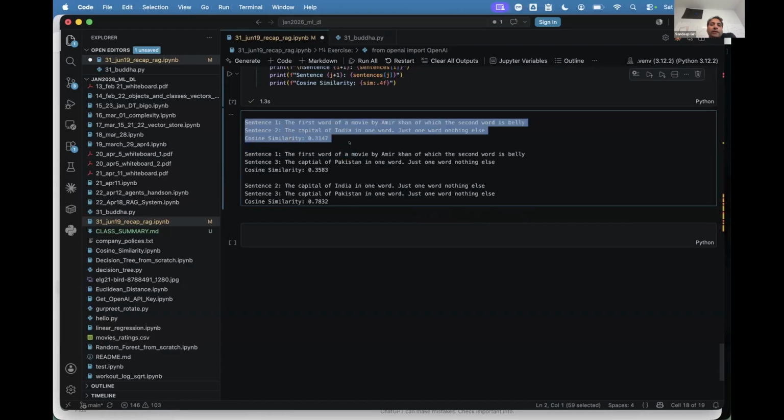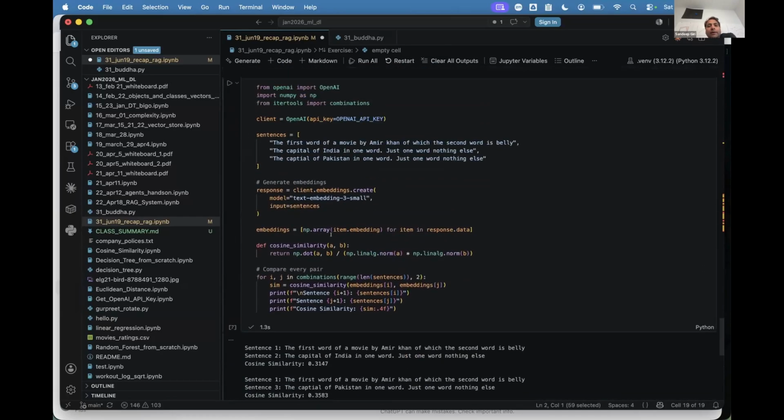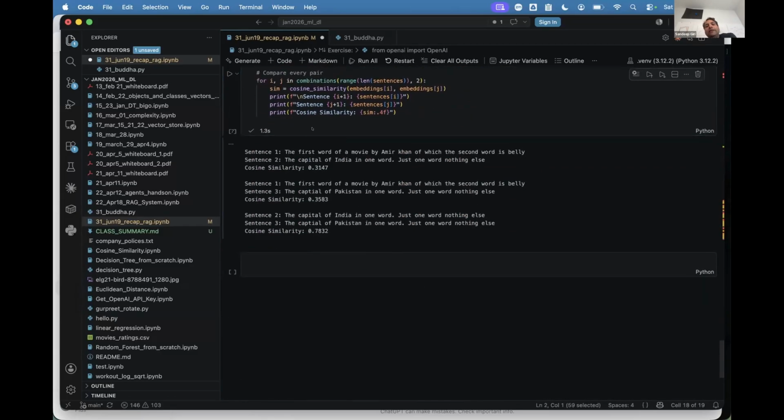You can see that these two sentences are different, so their cosine similarity is small, right? This is also small. This is big. So it's not matching the answers. It's matching the questions. If it was matching answers, both are Delhi, and it would have matched more.